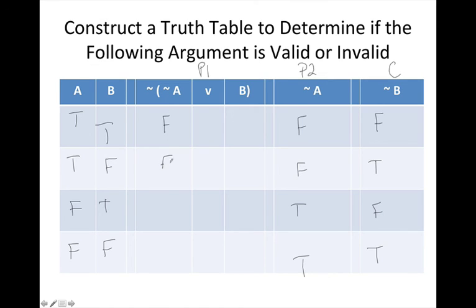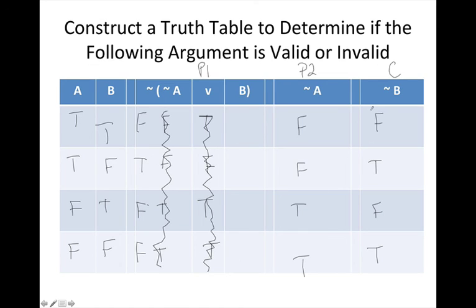So false, false, true, true, true, false, true, true, and then false, true, false, false. So we're taking only the values under the main operator.